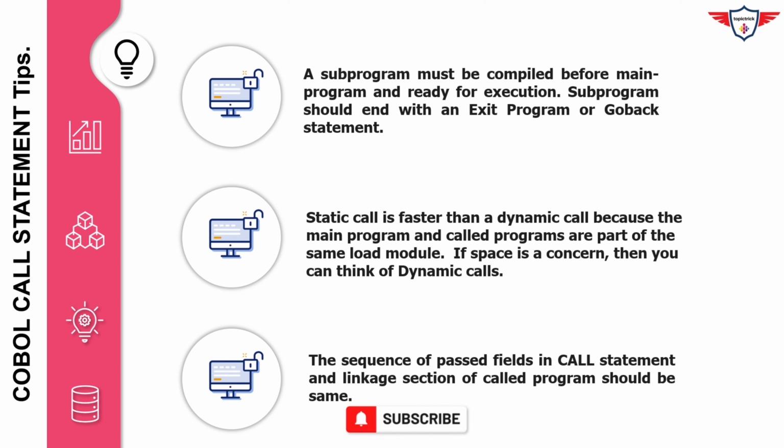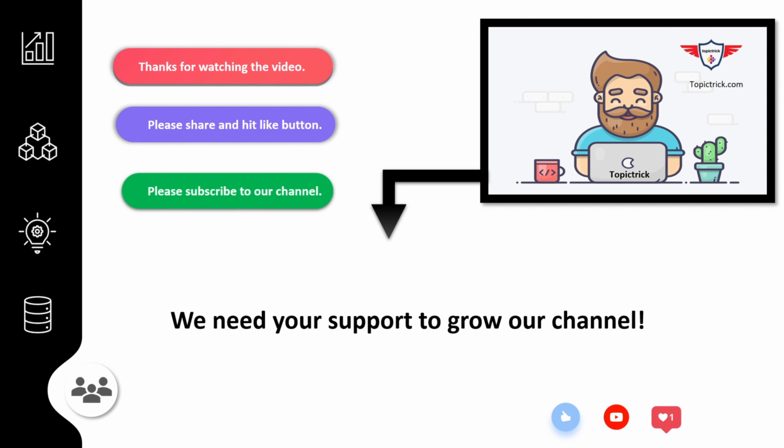If space is a concern, then you can think of dynamic calls. Otherwise, you should go for static calls. And the last point, the sequence of fields in the call statement and the linkage section of a called program should be the same.